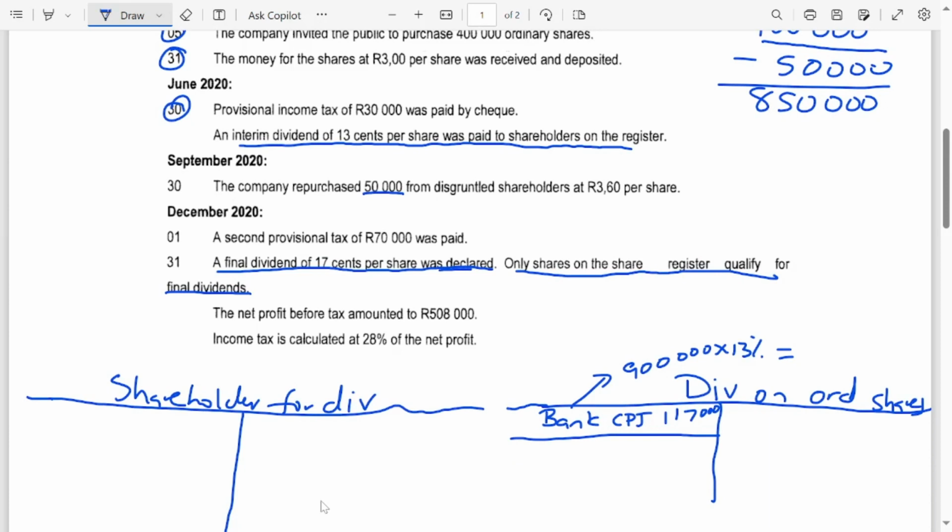So it means here the business is owing the shareholders these dividends. So we are not going to write the bank here because the business did not pay. The account that you're going to write in here is shareholders for dividends to show that the business is owing the shareholders. So this answer here is 144,500.